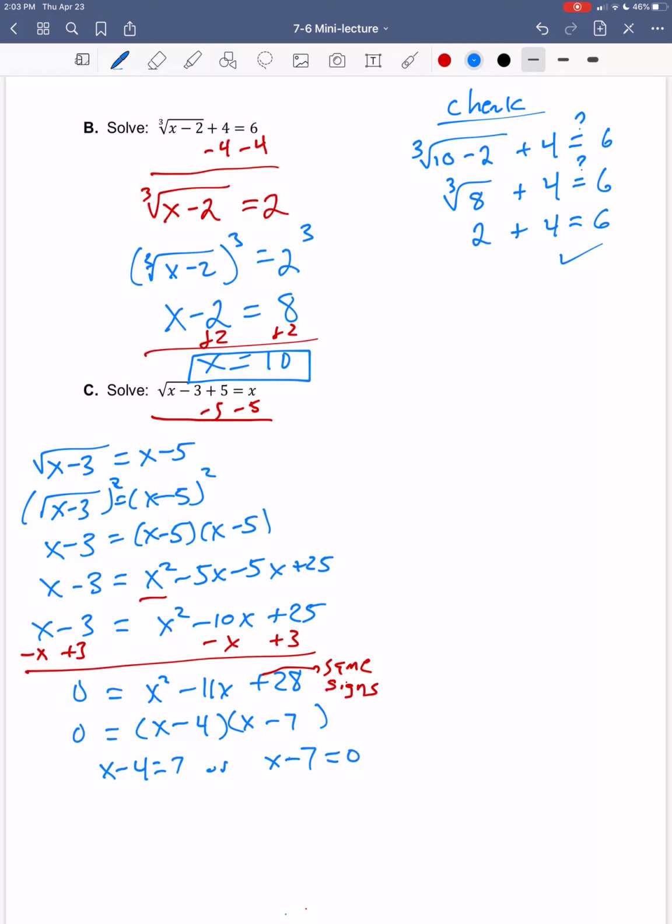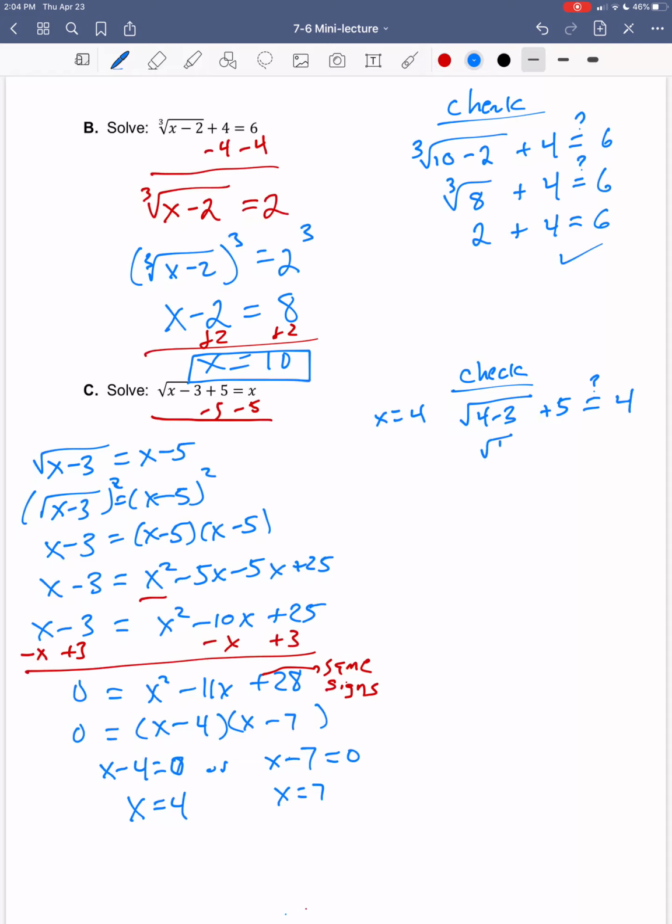I add 4 to both sides. I add 7 to both sides. So I get that x equals 4 or x equals 7. But I need to check. So first I'm going to check x equals 4. So the square root of 4 minus 3 plus 5, is that equal to x, which we're saying is 4?